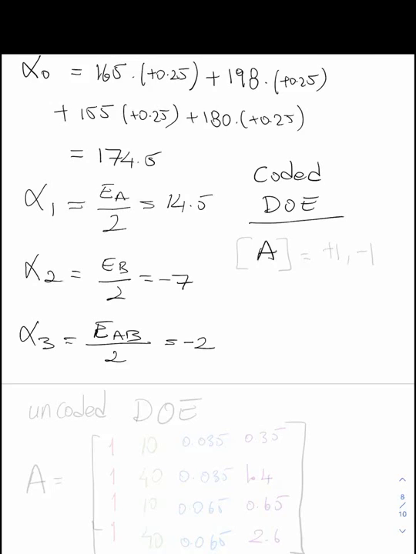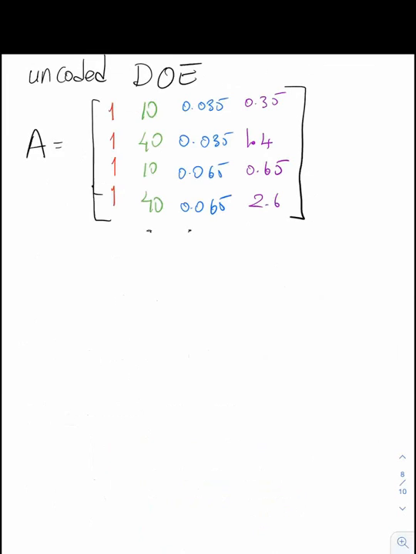That means that your A matrix has the values that you coded to either +1 or -1. So in an uncoded DOE, you will have the ability to use the real values, and that means that I can use the real values of 10, 40 for the wire resistance, and for the gap values I can use 0.035 and 0.065.